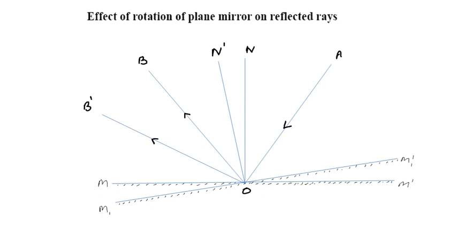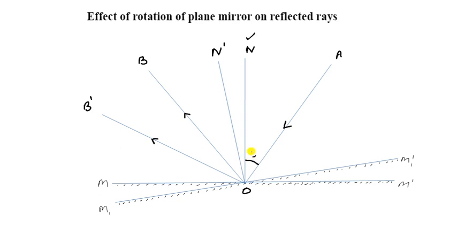Let us start the effect of rotation of a plane mirror on the reflected ray. This is the plane mirror in its initial position, MM dash, and that is the original normal, and the angle of rotation. First, you can see here with the help of the incident ray, the angle of incidence and the angle of reflection.